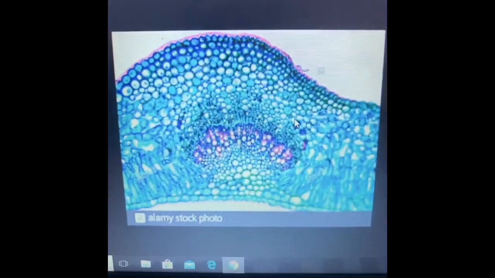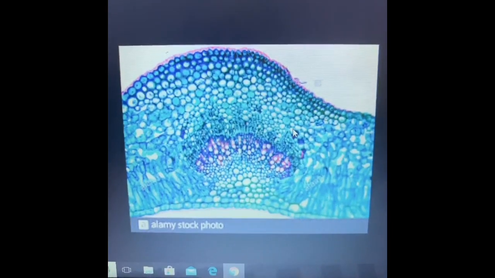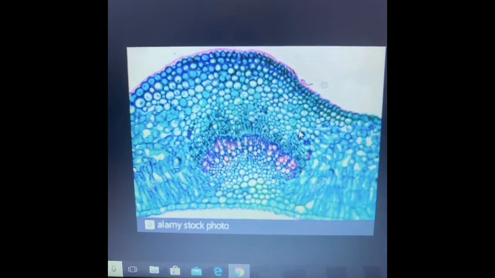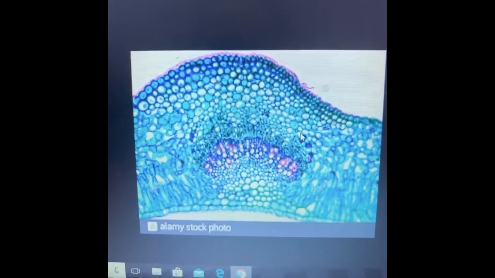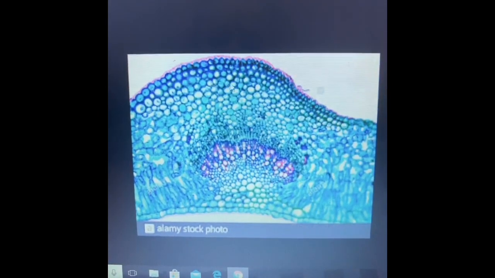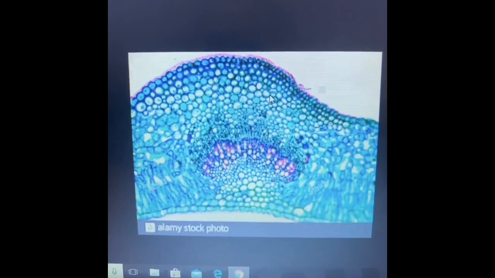Collenchymatous cells are less in number in the case of leaves, because leaves have a large number of chlorenchyma, which is a type of parenchyma. They perform photosynthesis. Some collenchyma is there. You will see it with thickened walls. They have chloroplast. So in the leaf, you will find collenchyma.